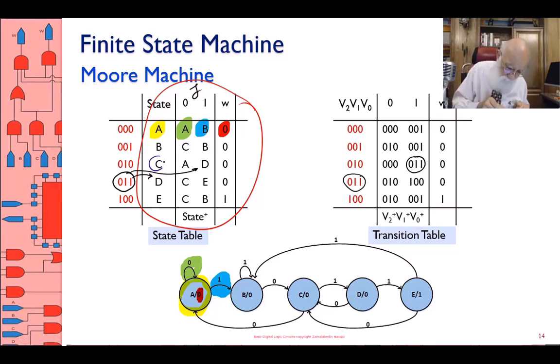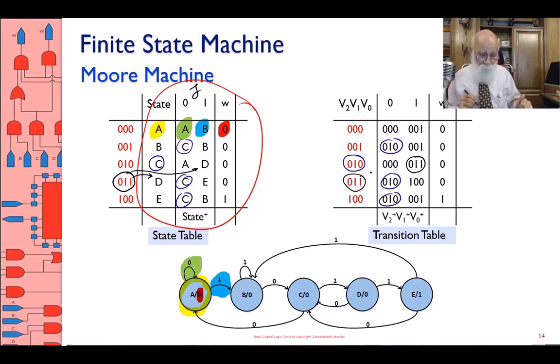C is 0, 1, 0. Look in the next states. Everywhere you have C, put 0, 1, 0. Here is a C, here is a C, here is a C: 0, 1, 0. Same thing with A, with B and everything.